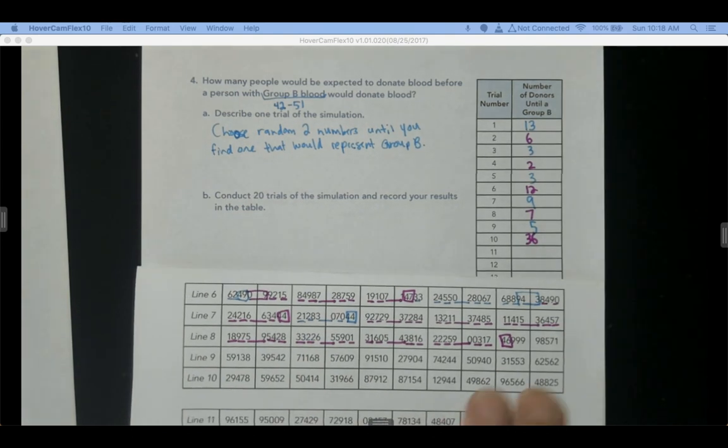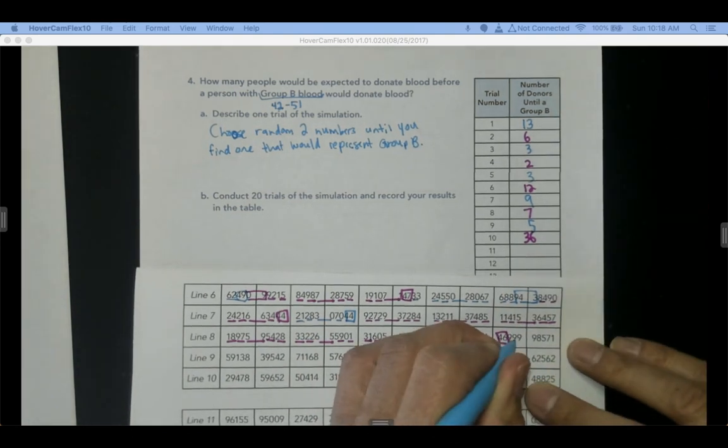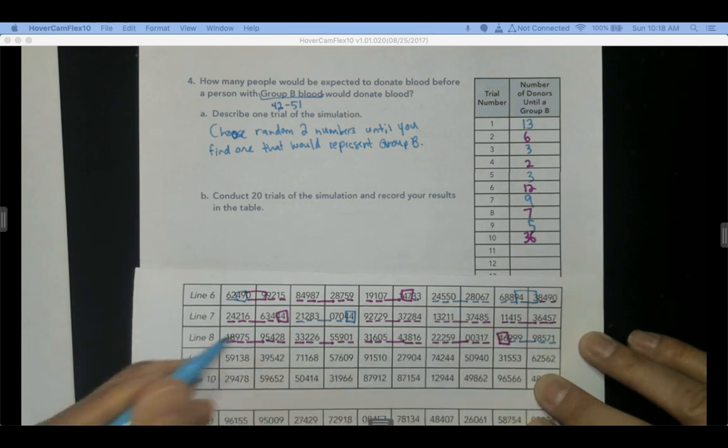All right. 1 through 9. Then 1 through 13. Then 1 through 9. Then 1, 2, 3, 4.